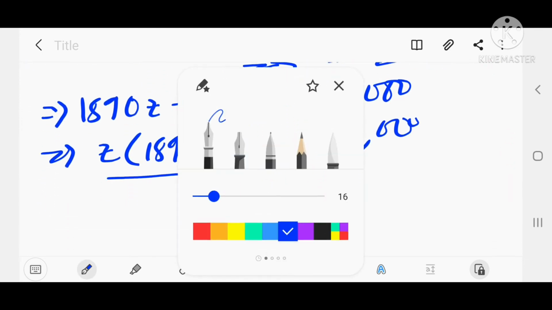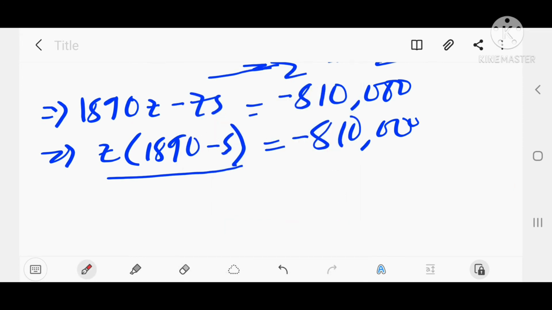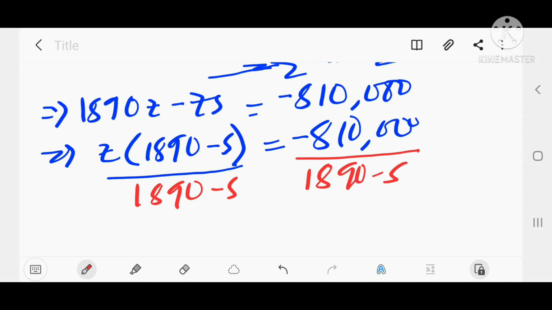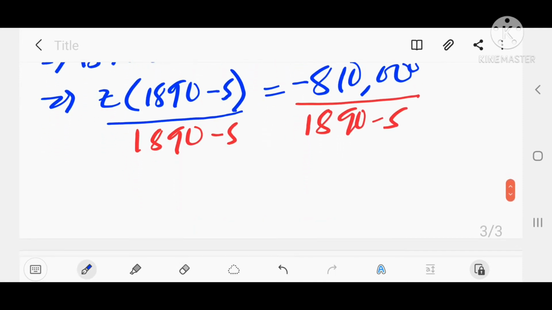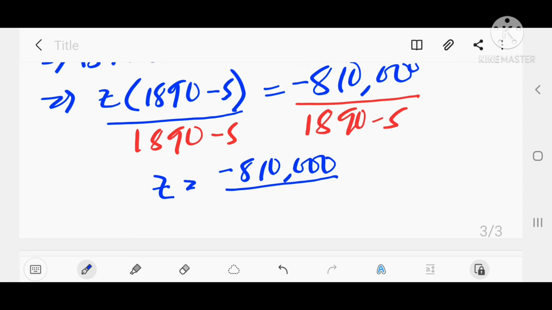Okay, we are looking for z, so we divide through by 1890 minus s. That will give us z equals negative 810,000 on 1890 minus s.